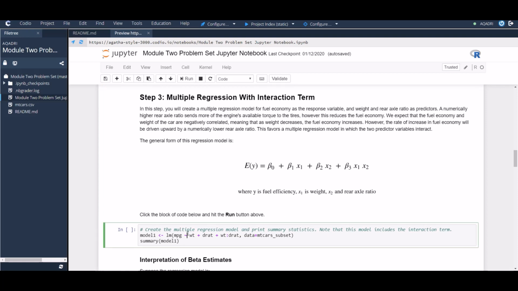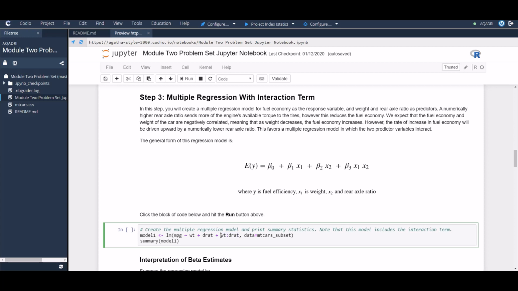And if you look at this code block, you'll see that again, we're using the lm function that we used previously. We have miles per gallon tilde weight plus drat. Drat is the variable name for rear axle ratio. And this is how we're going to code interaction between the two variables.